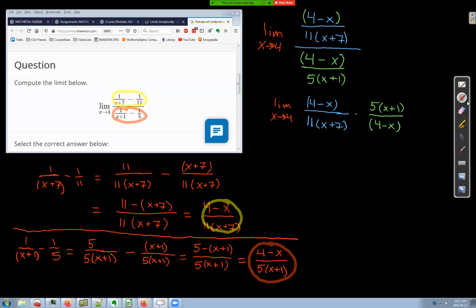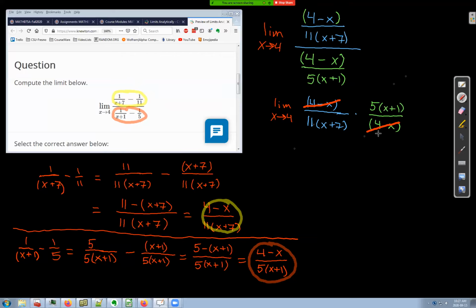All right, and that's really good because look at what we've got here. We've got a 4 minus x in the numerator and a 4 minus x in the denominator. So those guys can knock each other out and make 1.